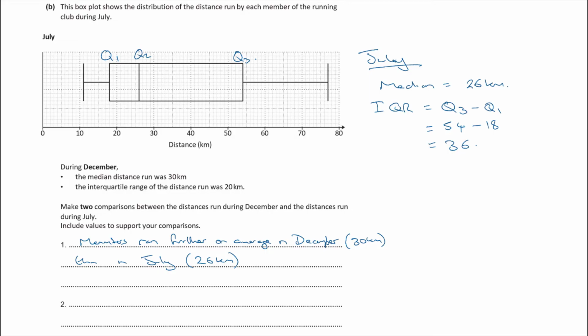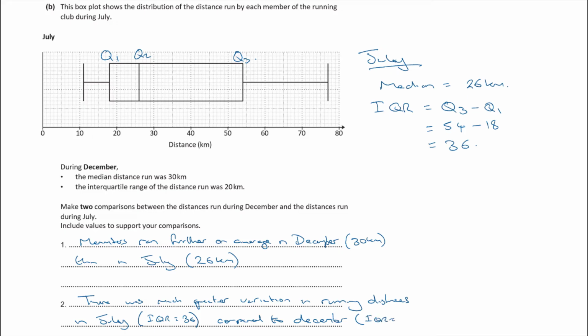So there was much greater variation in running distances in July. And again, I'm just going to say IQR is equal to 36 compared to December. And again, I'm just going to quote the data.